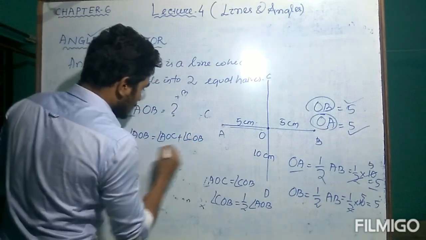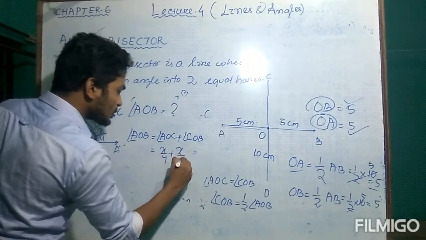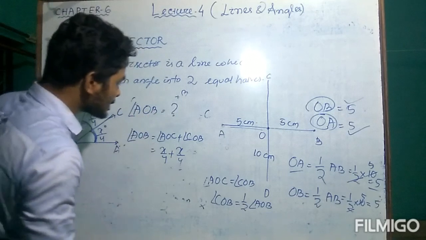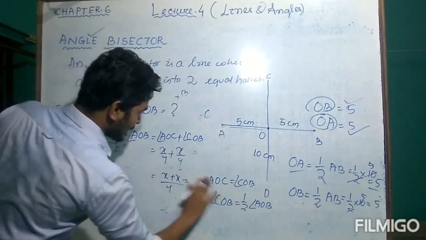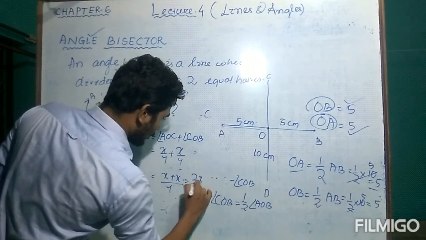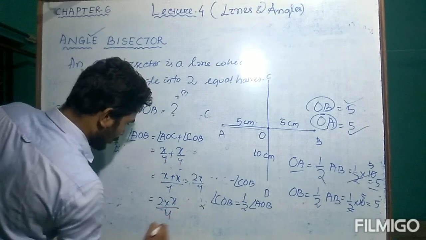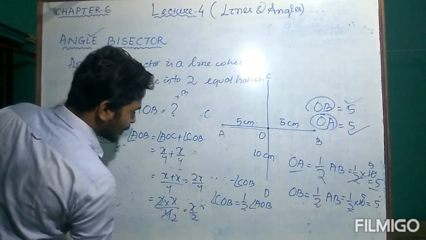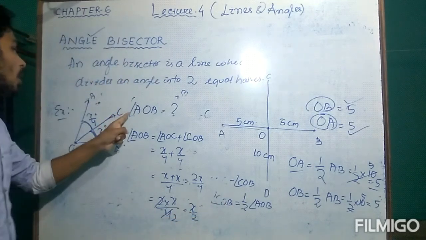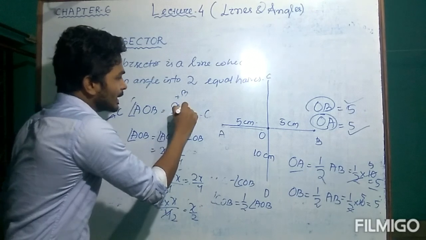Now AOC is x by 4, COB is also x by 4 because these are the two equal halves. So the LCM is 4, x plus x gives 2x by 4. So 2 into x by 4, the 2 cancels, so it will be x by 2. Hence the total value of the total angle AOB is equal to x by 2 degree.